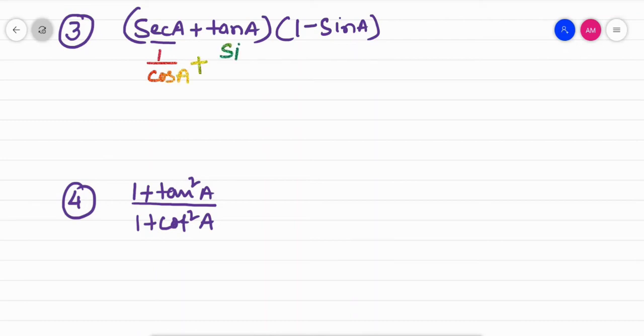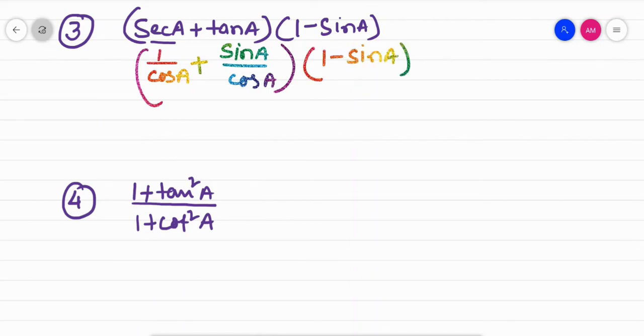It is sin A by cos A. Okay, so put this in the bracket and now you have 1 minus sin A. So see, this will become (1 plus sin A) by cos A. And here you are having 1 minus sin A also.